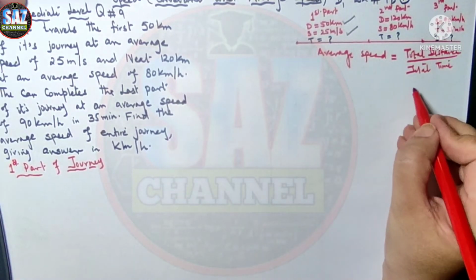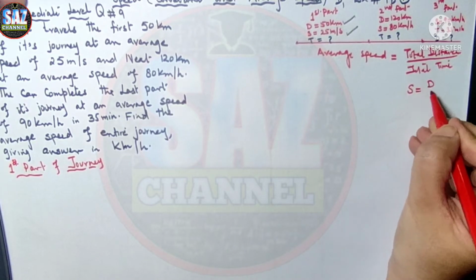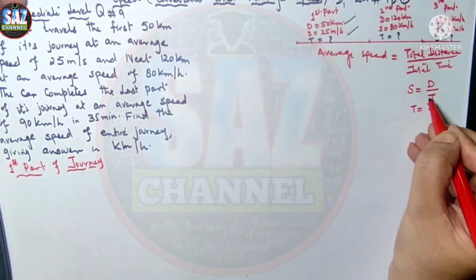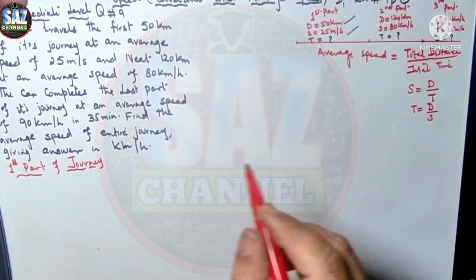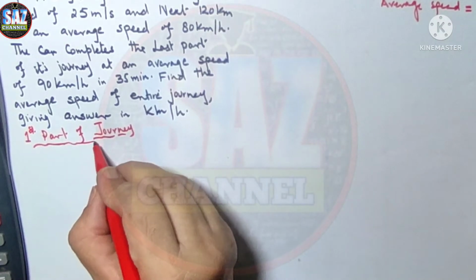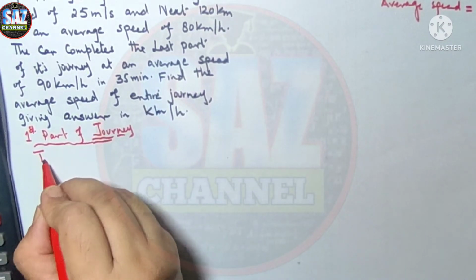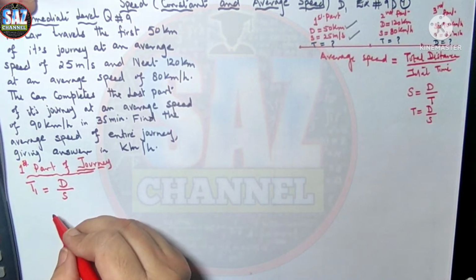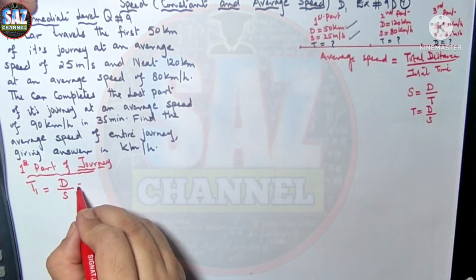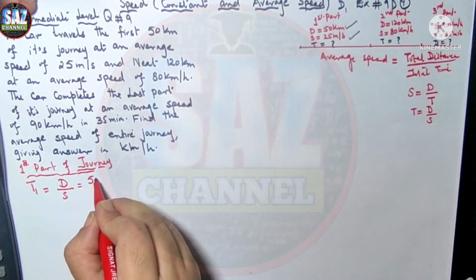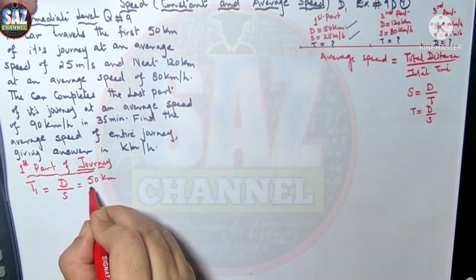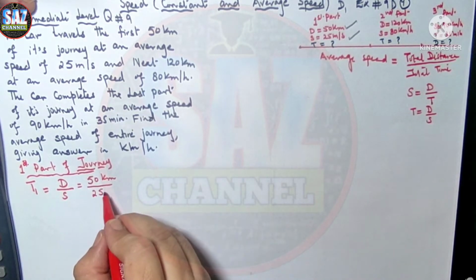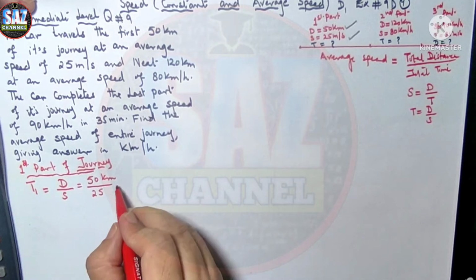Formula for the speed is distance traveled upon time taken, and time equals distance upon speed. So here the unknown is time. Let me mark it t1. T1 equals distance traveled upon speed, and now distance traveled was 50 kilometers and the speed is 25 meters per second. I'm not writing the unit here.